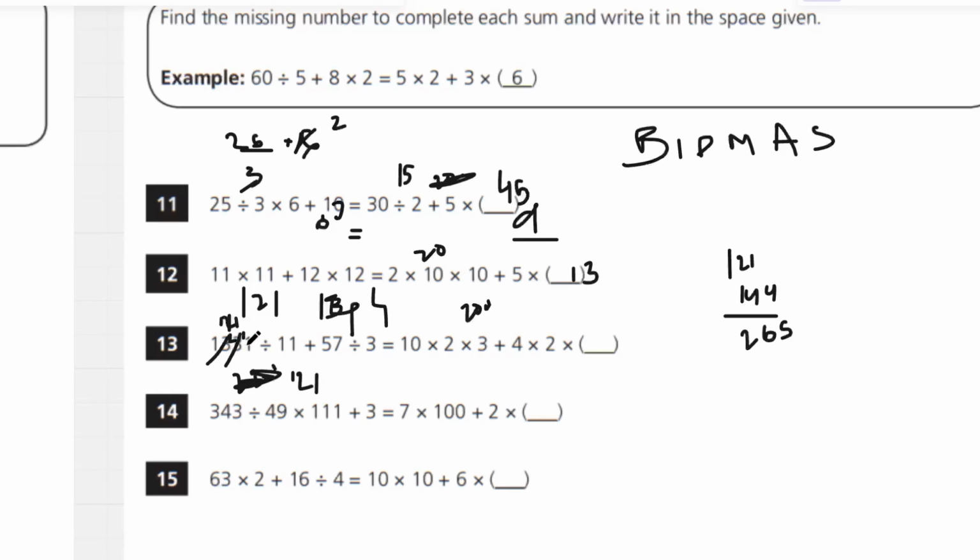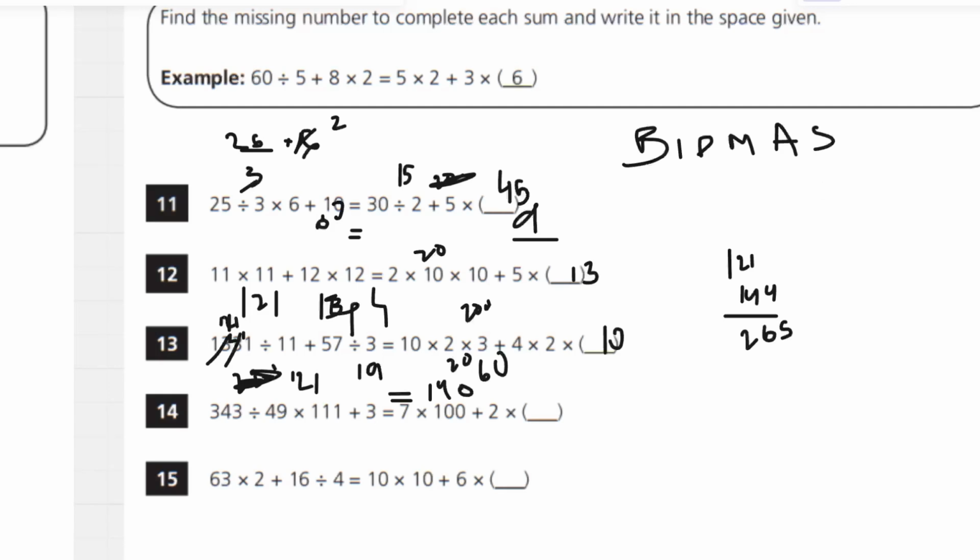So 1331 divided by 11 is 121. 57 divided by 3 is going to be 19. So 121 plus 19 is going to equal 140. And then 10 times 2 is 20, times 3 is going to be 60, plus 4 times 2, we need how much to get to 140? We need 80. 4 times 2 times 10 to get 80, to get to 140.